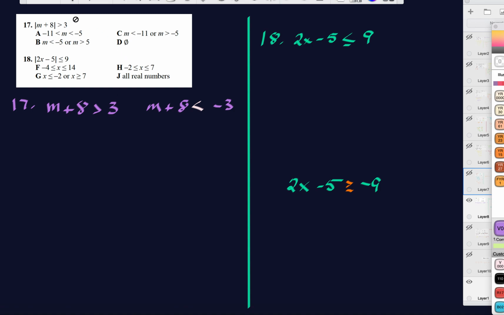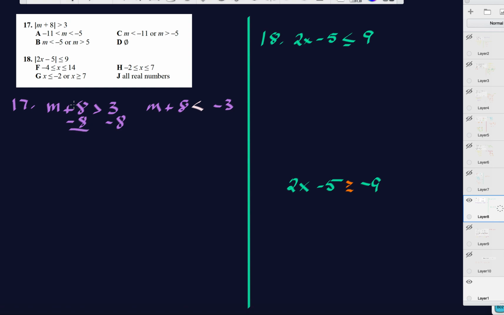All right, the big trick here is it's an absolute value inequality. Therefore, we have to solve for the positive value, but when we solve for the negative value, we have to flip the inequality symbol. So I want to make sure that you flipped the inequality symbol when you solve for the opposite value. So we solve them normally. M plus 8, minus 8, minus 8, right?